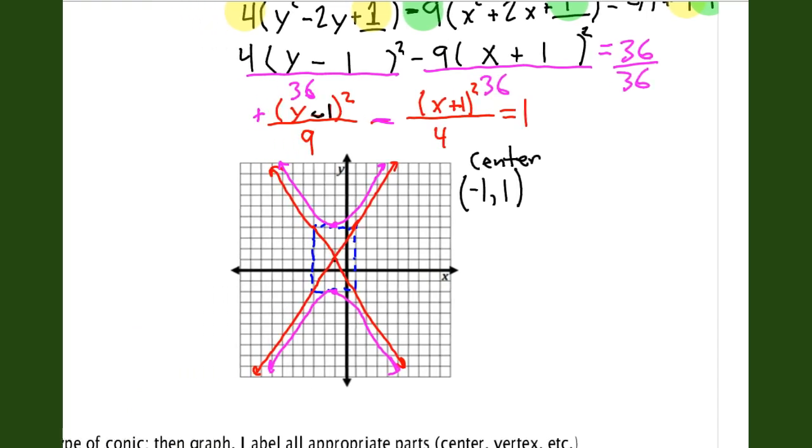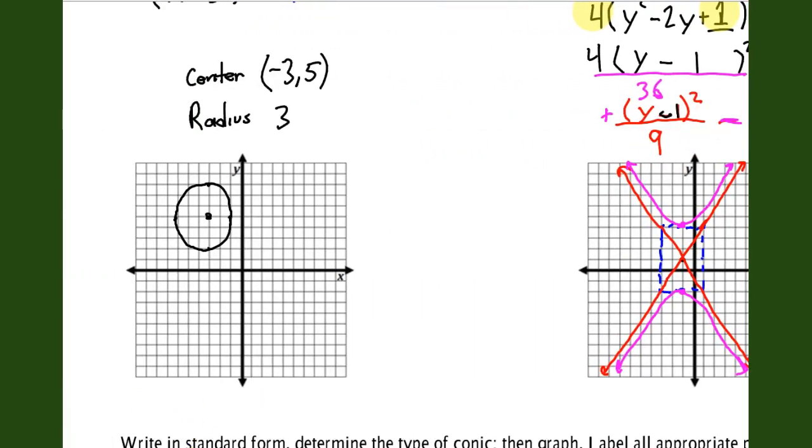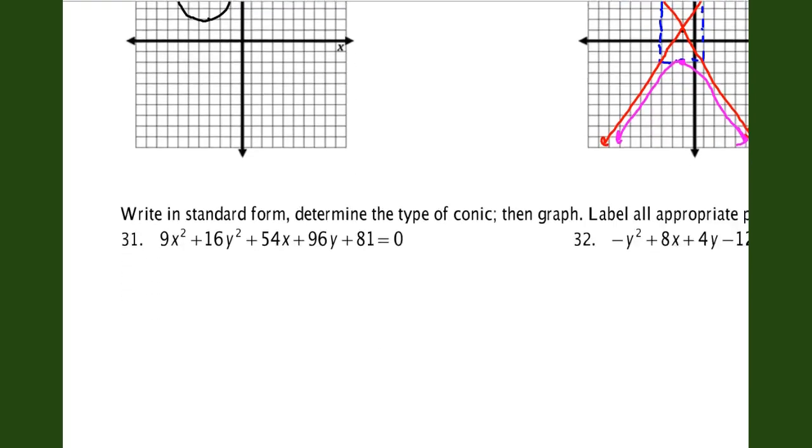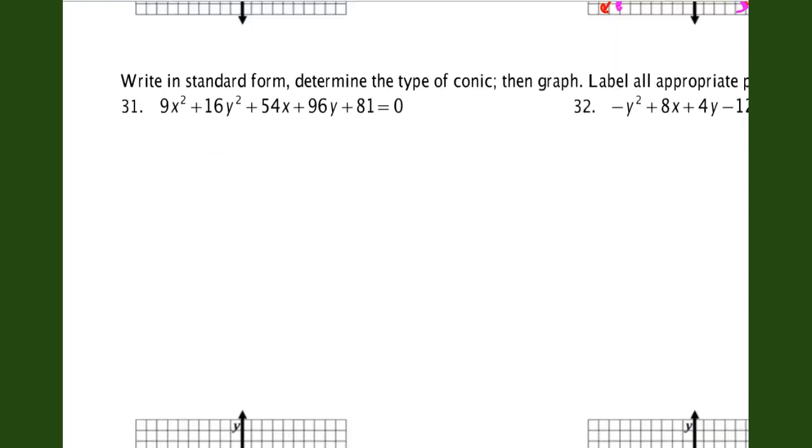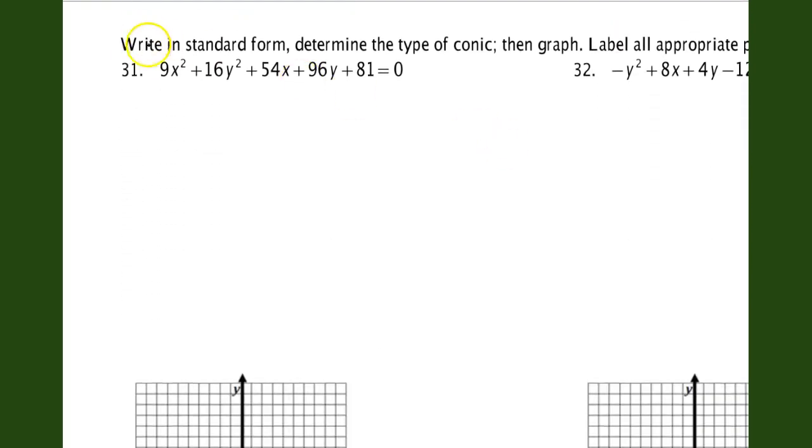All right, let's go to our next problem here on number 31. So we're just going to continue what we're doing. We have to figure out what we're graphing first. So once again, let's ignore this part and just focus on the squares.